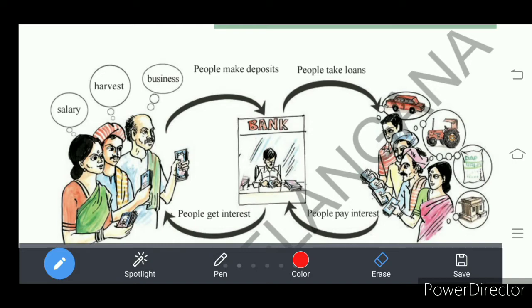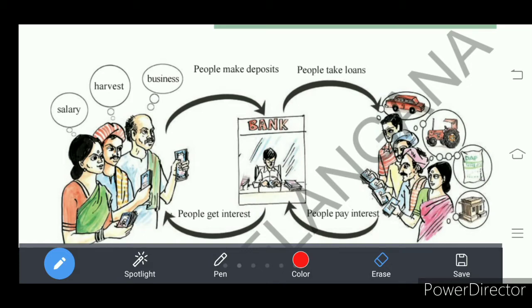So the difference between the interest on loans and the interest given to the depositors becomes income to the bank. That means, for example, one person deposited 10,000 in the bank, then he may get, for example, 1,000 rupees as interest. Then a borrower takes a 10,000 loan.